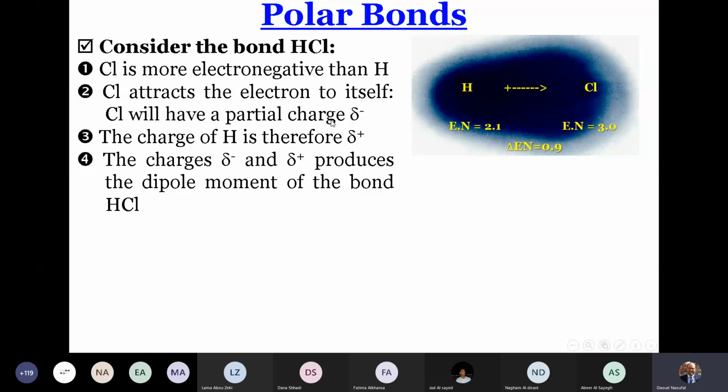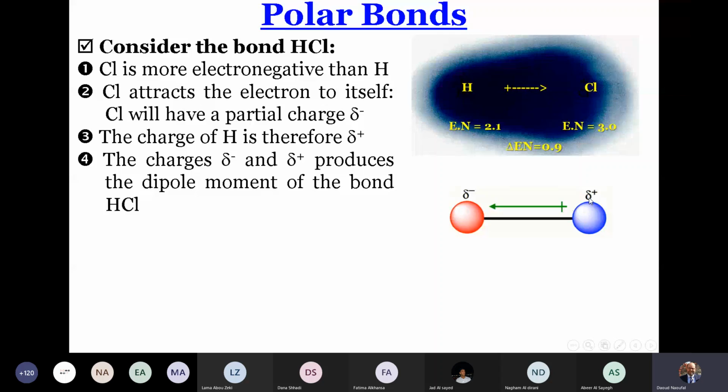The partial charge describes the electron density around the atom. Cl is more electronegative than hydrogen, so the Cl will attract the electron to itself. The electron density around Cl is greater, so Cl will have a partial charge delta minus. The hydrogen will have a partial charge delta plus.